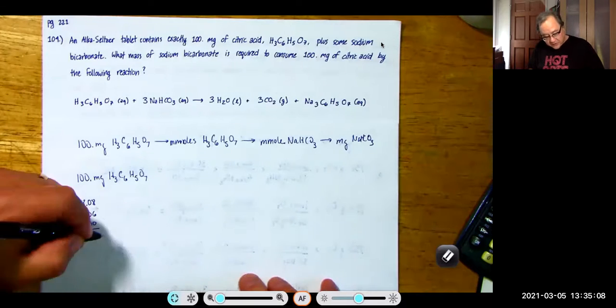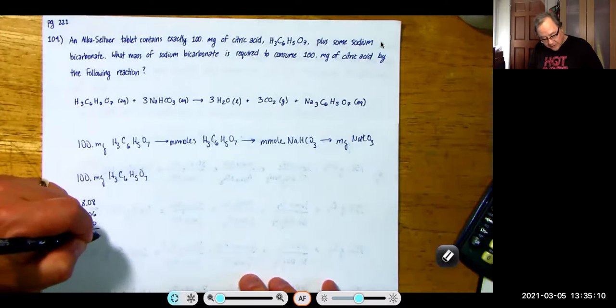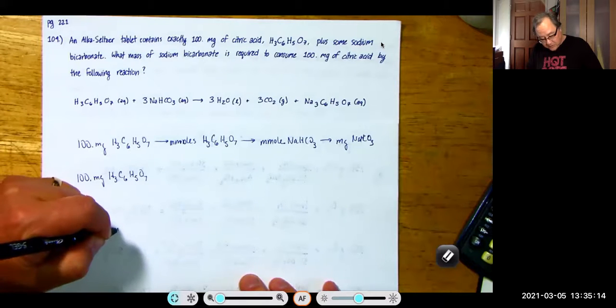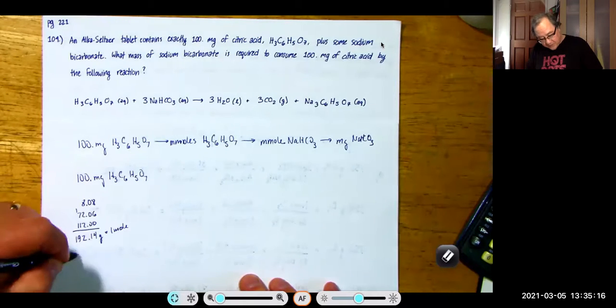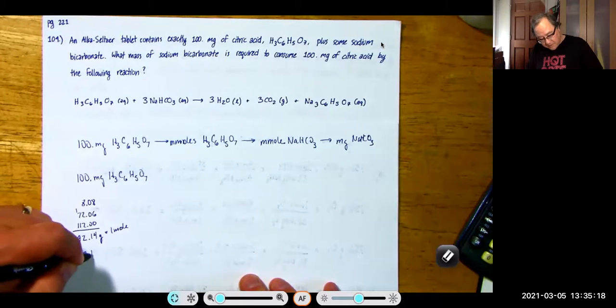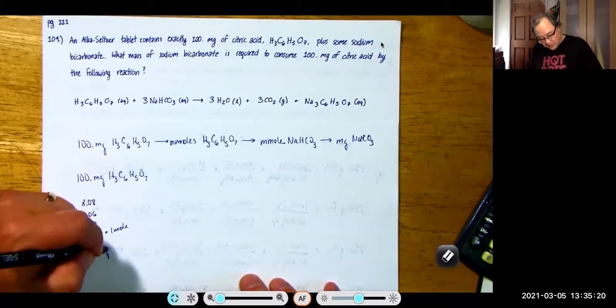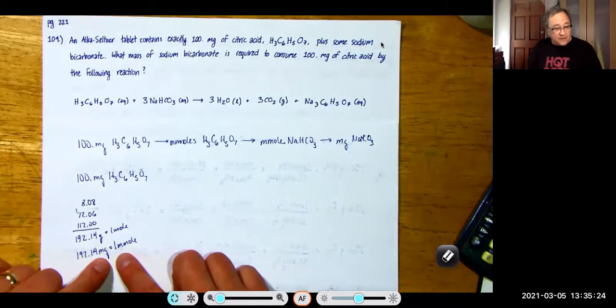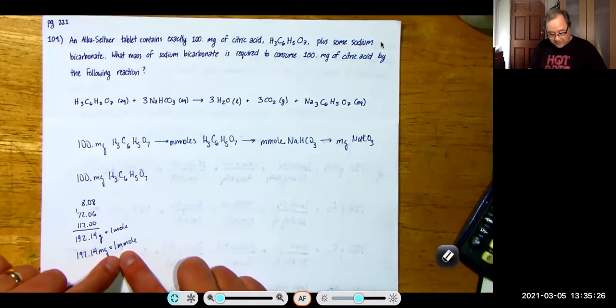Now, this 192.14 we usually think of as 192.14 grams equals 1 mole. But I can also say that 192.14 milligrams equals 1 millimole. So if I put a milli in front of the gram and a milli in front of the mole, I'm good to go.